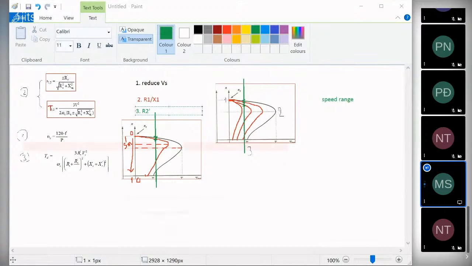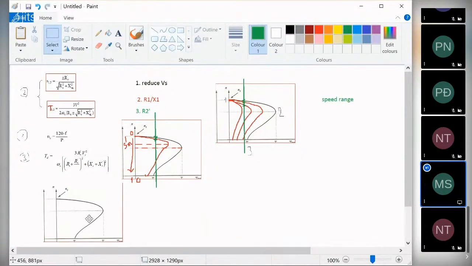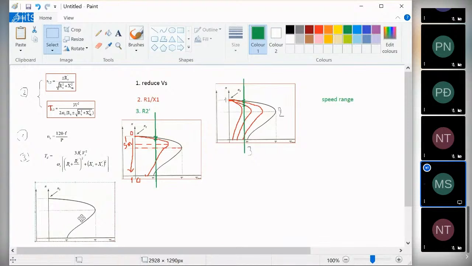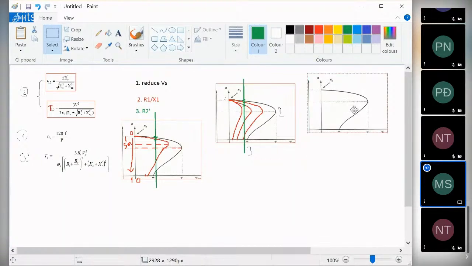We can insert an external resistance into the rotor winding. So in this case, the rotor resistance will be increased. Okay, help me to draw out the differential response.